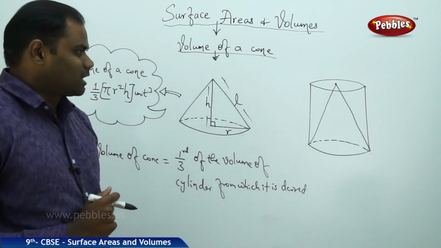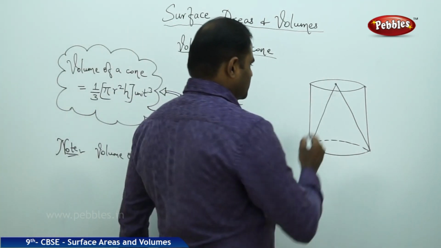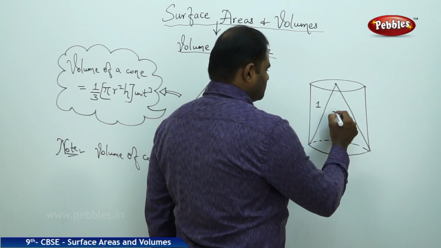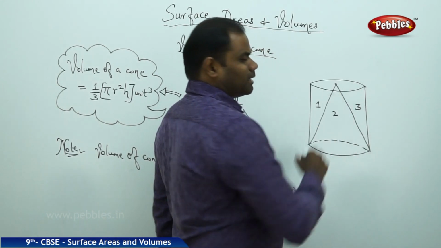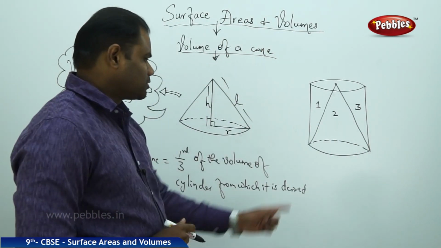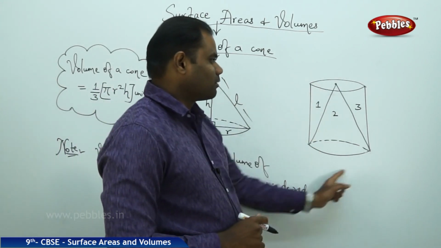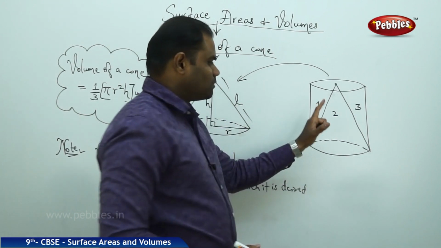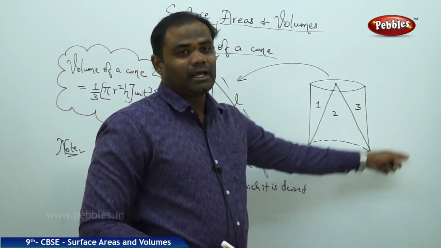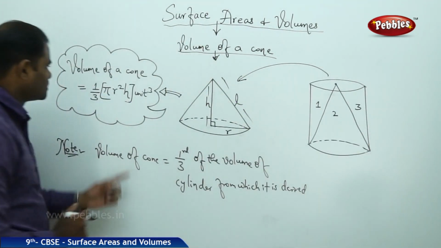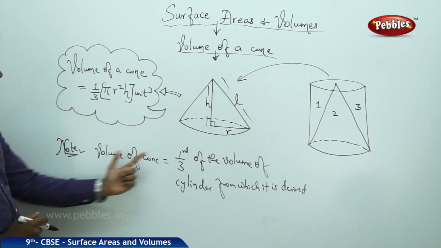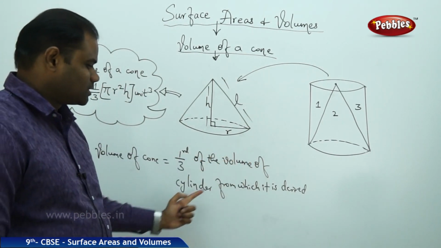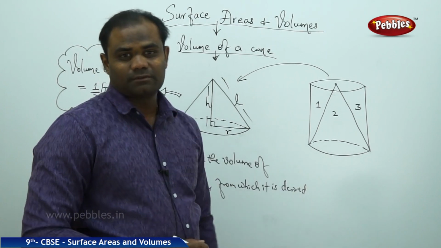So we assume that if a cylinder is cut into three parts, part 1, part 2 and part 3, this clearly is said to be a cone which is generated from this cylinder, and hence a cone generated from a cylinder is 1/3 part of the entire cylinder, and hence the volume of a cone is 1/3 of the volume of the cylinder from which it is derived.